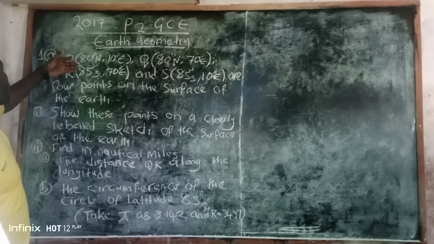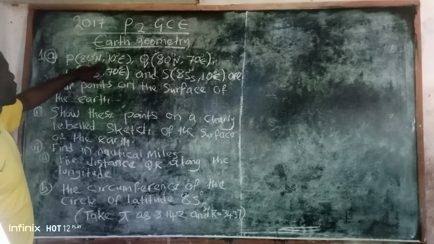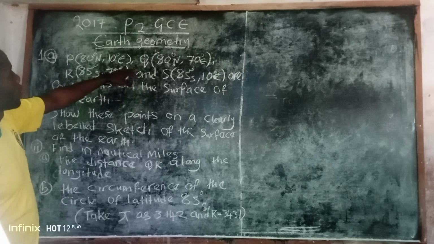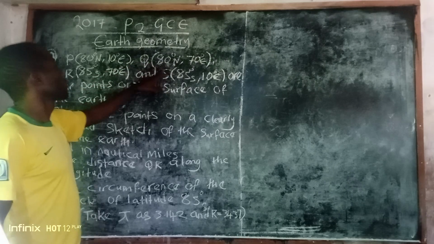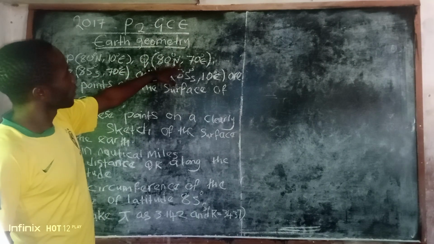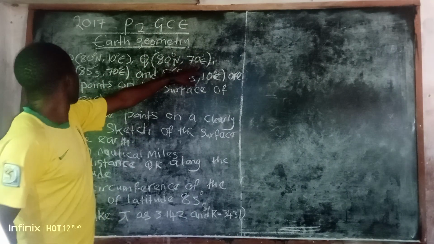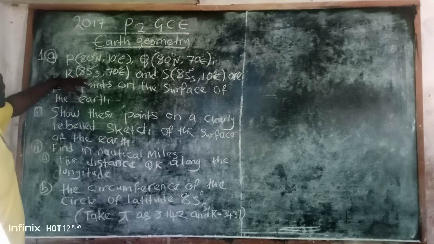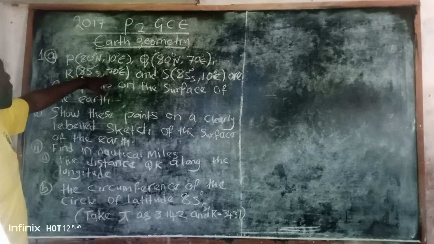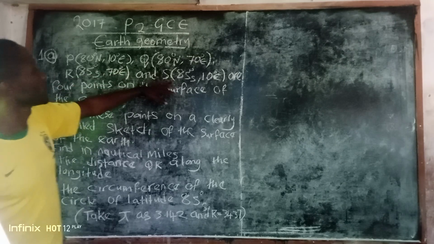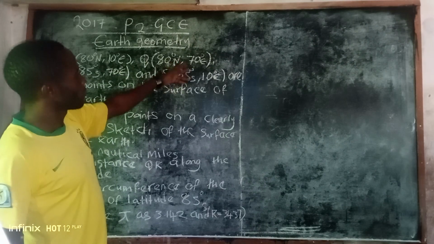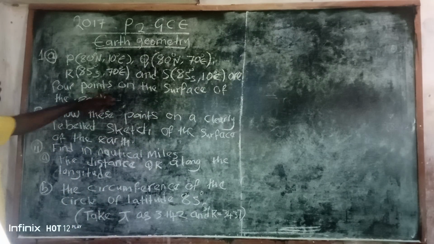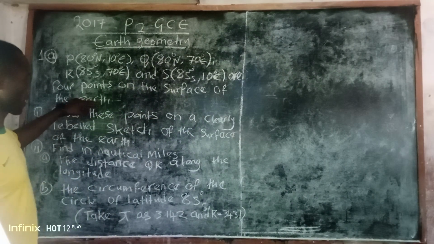P is 80 degrees north, 10 degrees east; Q is 80 degrees north, 70 degrees east; R is 85 degrees south, 70 degrees east; and S is 85 degrees south, 10 degrees east. These are 4 points on the surface of the earth.